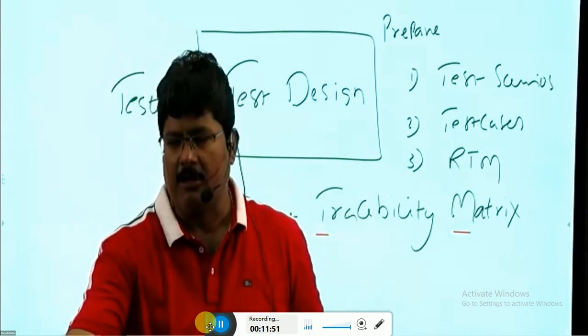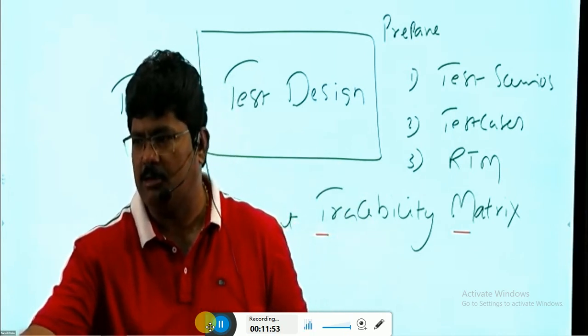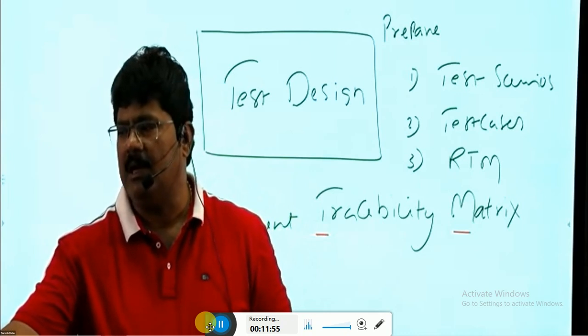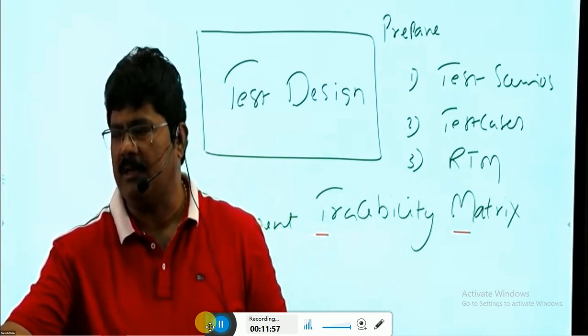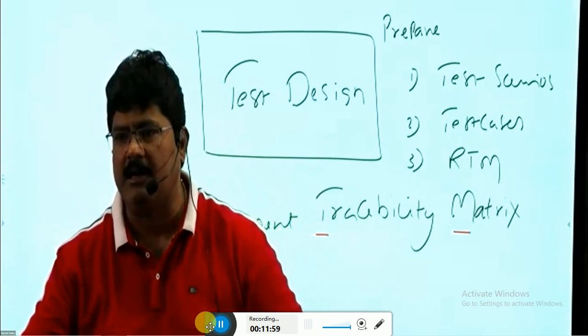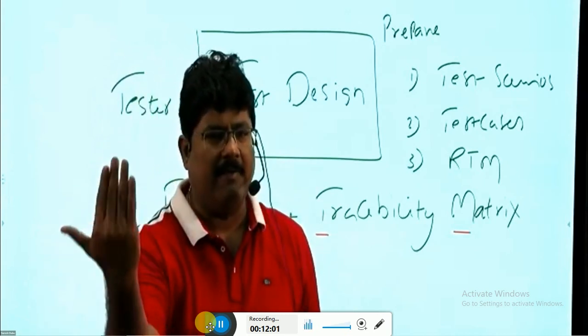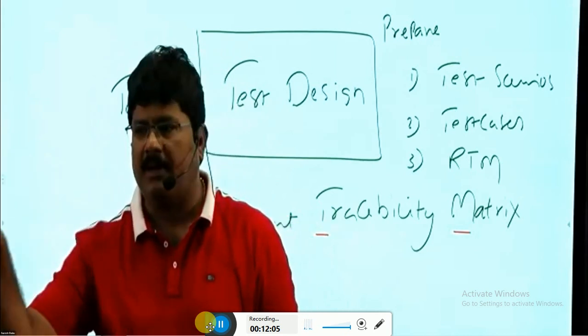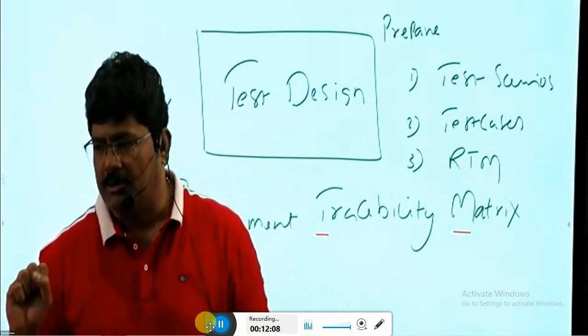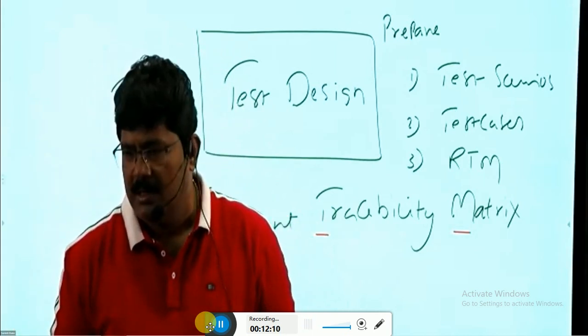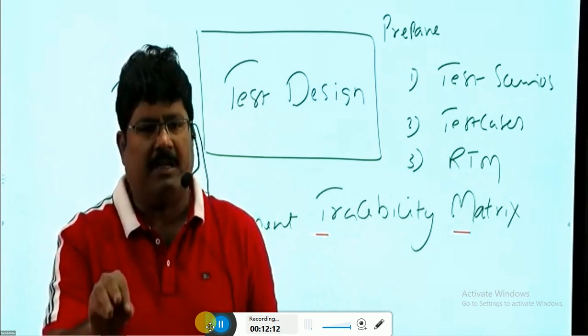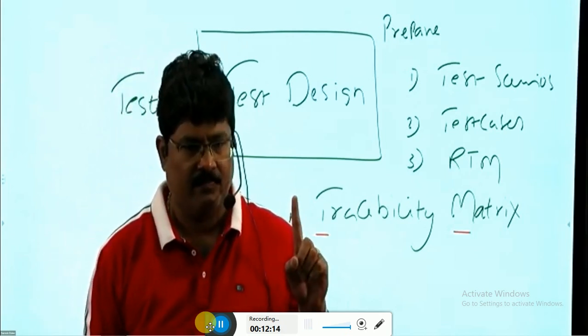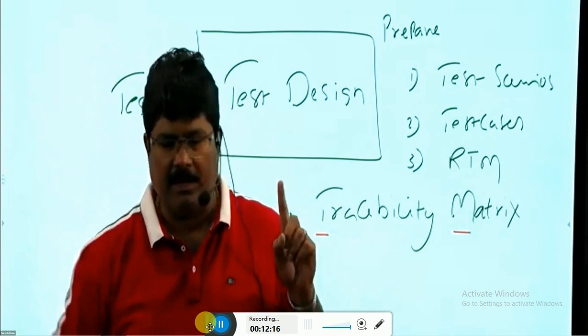If I have a document saying totally 40 scenarios are to be tested, till last Friday 12 are covered and 28 are pending, I can start again because I have a reference document. If you test directly as you wish, there is a chance you may miss testing some functionalities. That is one reason.